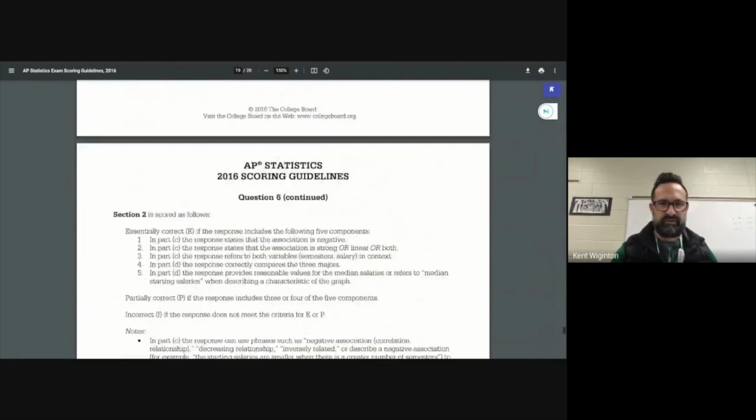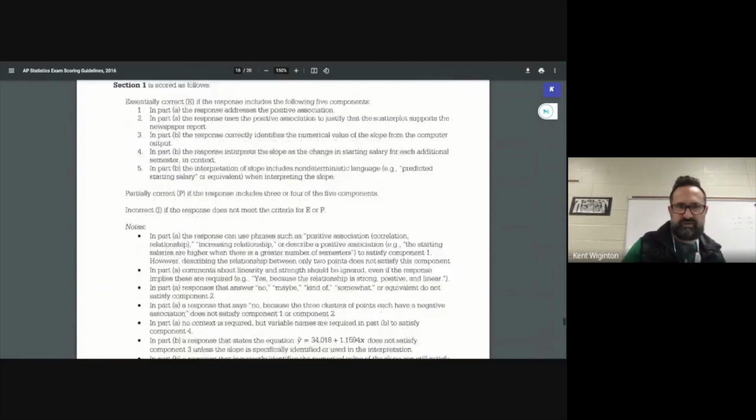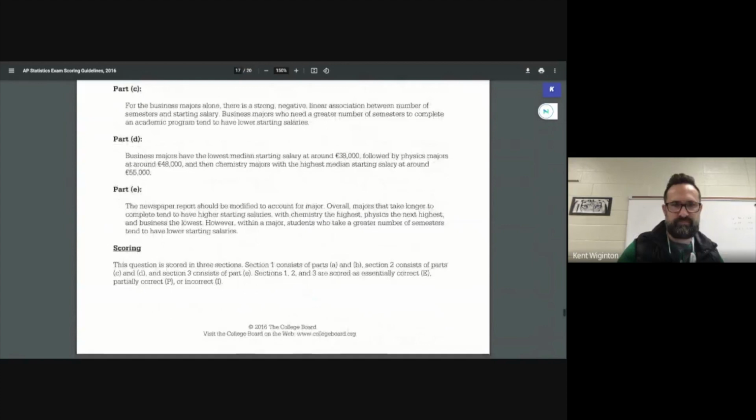Okay. In the last part, back up here. Based on the analysis conducted by the independent researcher, how could the newspaper report be modified to give a better description of the relationship between the number of semesters and the starting salary for the people in the sample?